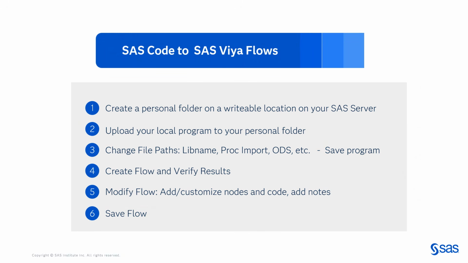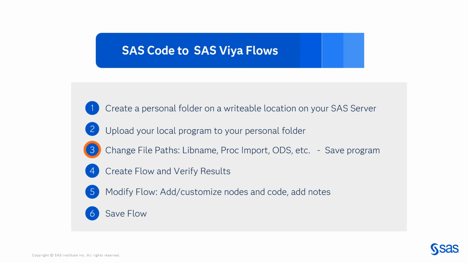Let's follow these steps to upload your favorite SAS program into SAS Viya and create a SAS Viya Flow. We'll start by creating a personal folder on a writable location on your SAS server. Next, we'll upload your local program to your personal SAS server folder. The next step is to change file paths for statements like a libname, proc import, ODS.